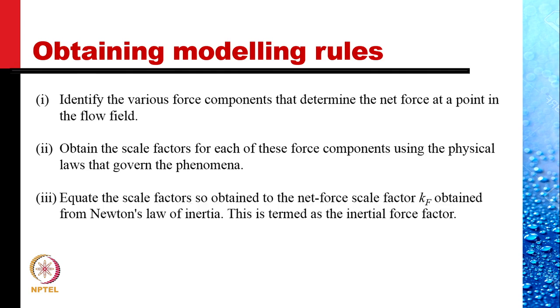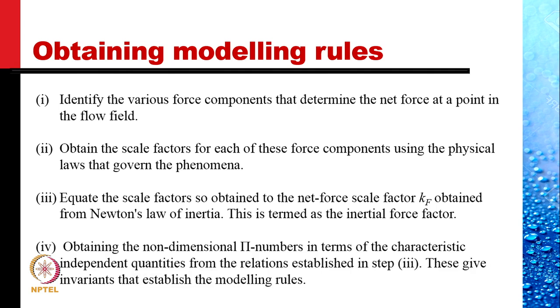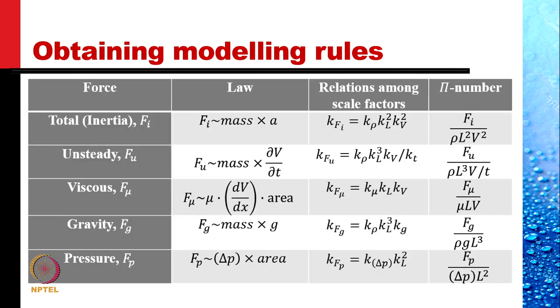Then equating the scale factors so obtained to the net force scale factor Kf obtained from Newton's law of inertia. This is termed the inertial force factor. And then obtaining the non-dimensional pi numbers in terms of the characteristic independent quantities from the relations established in the step 3 above. These give us the invariants that establish the modeling rules.